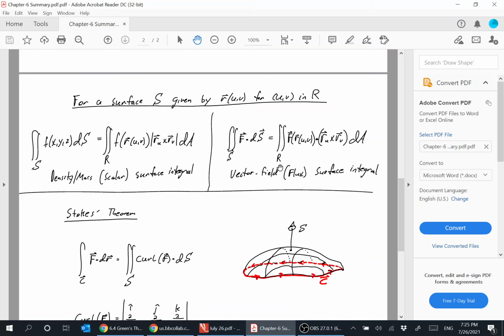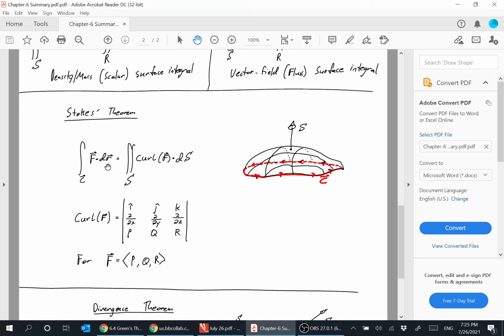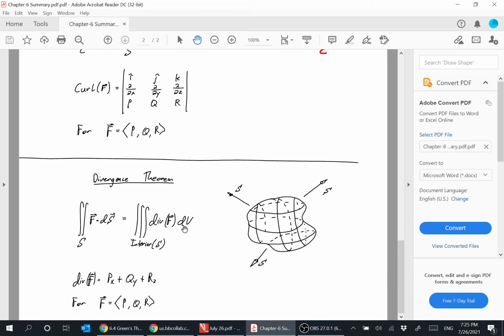And the way those are calculated are shown right there. So 4 questions on line integrals, and then these 2 questions on surface integrals. And then a question to apply Stokes' theorem, and a question to apply the divergence theorem. There's your 8 questions right there. So 4 questions on line integrals, 4 questions on surface integrals.